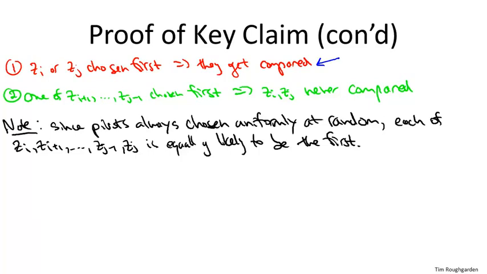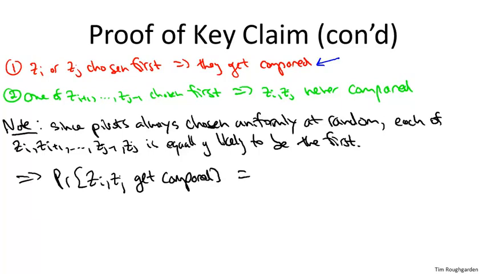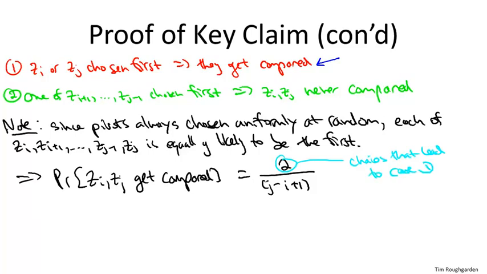So overall, because everybody's equally likely to be the first pivot, we have that the probability that z_i and z_j get compared is exactly the number of pivot choices that lead to a comparison divided by the number of pivot choices overall. And that is exactly the key claim.